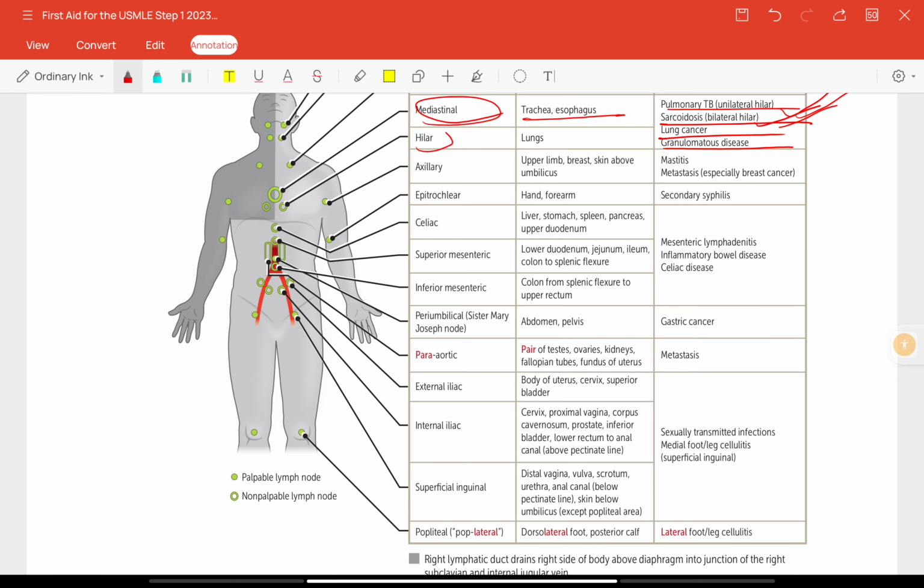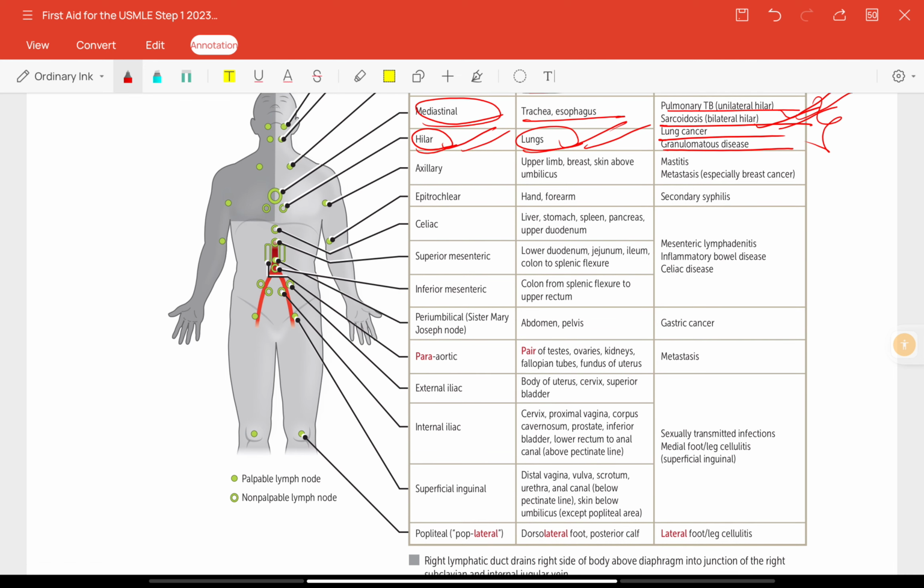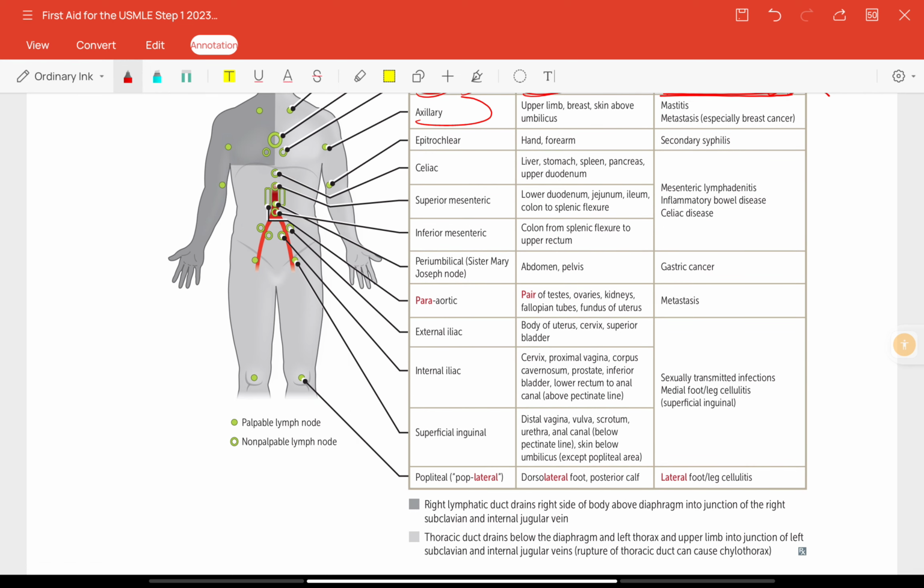Similarly, for hilar lymph nodes, drainage from lungs and have the same associated pathology as for mediastinal lymph nodes, that is pulmonary TB, unilateral hilar, sarcoidosis bilateral hilar, lung cancers, that is granulomatous disease.